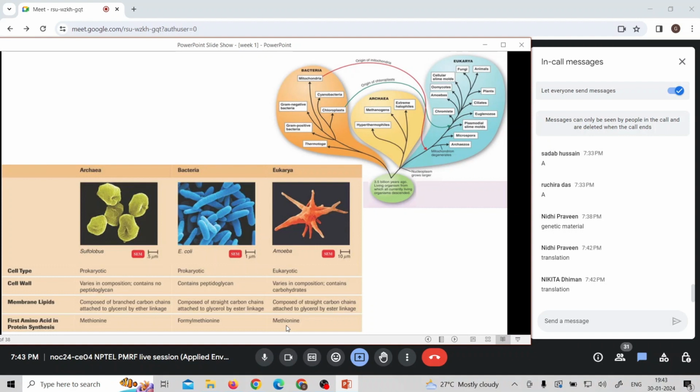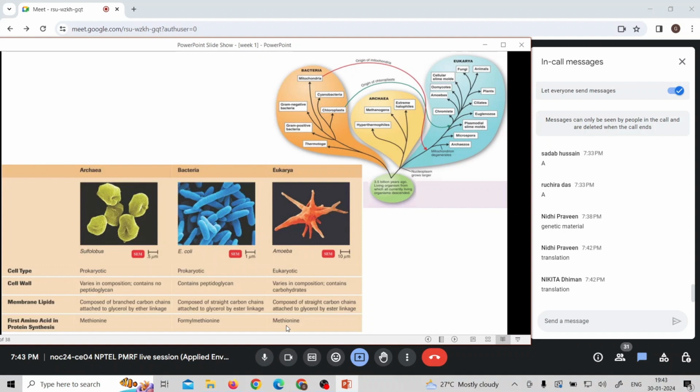That will not work. The main reason is that archaea has features with similarities from both bacteria and eukarya, but it is more similar to eukarya than bacteria. You can see from the branching of this diagram. So that is about the basic understanding of the three domain classification given by Carl Woese.